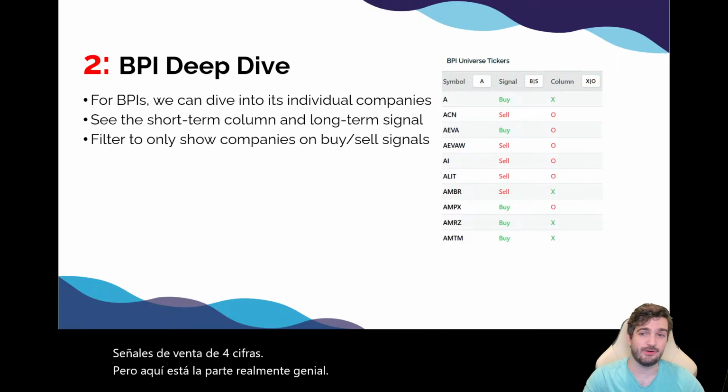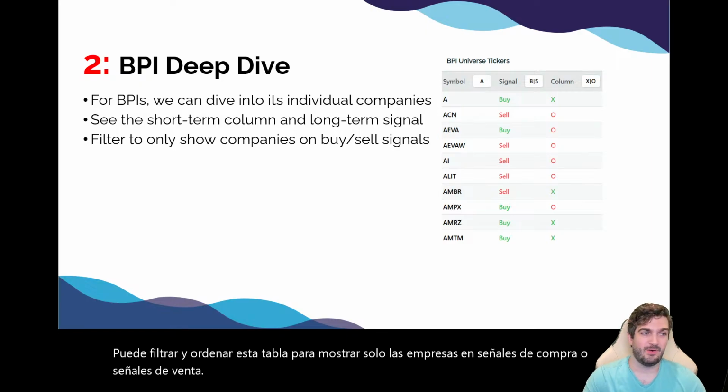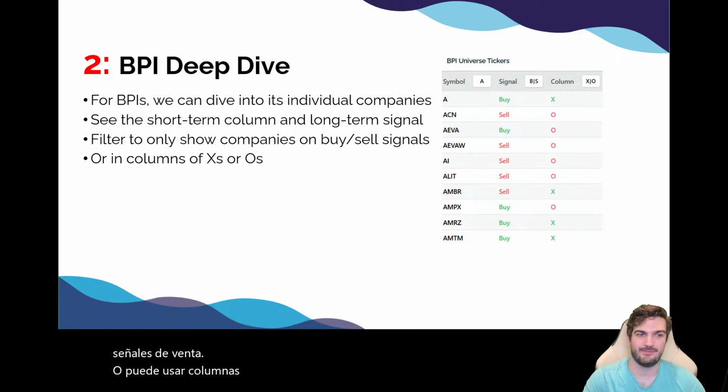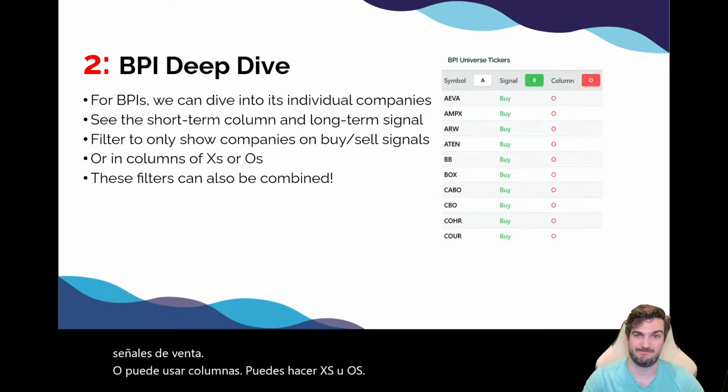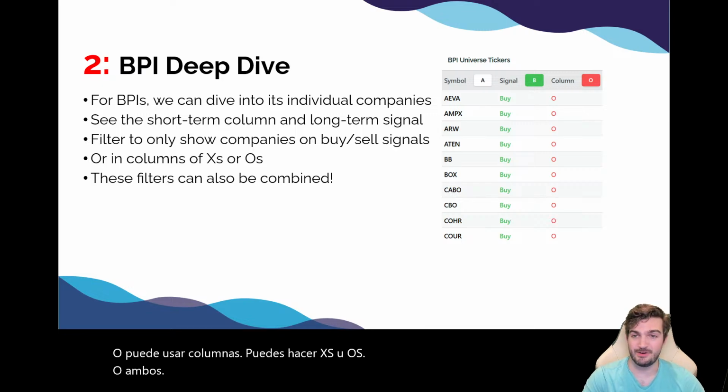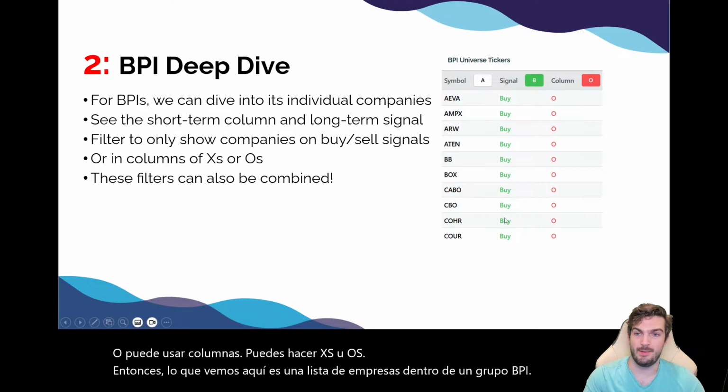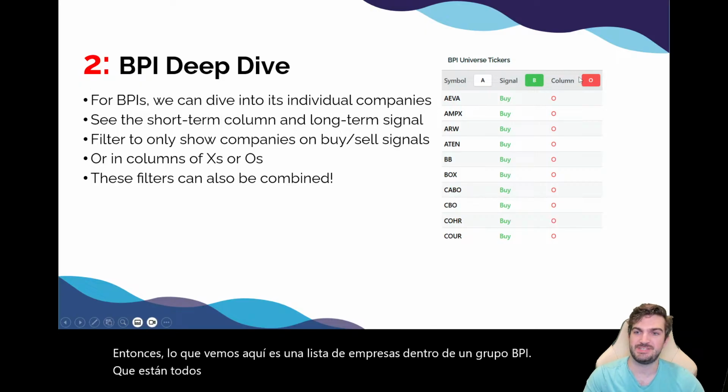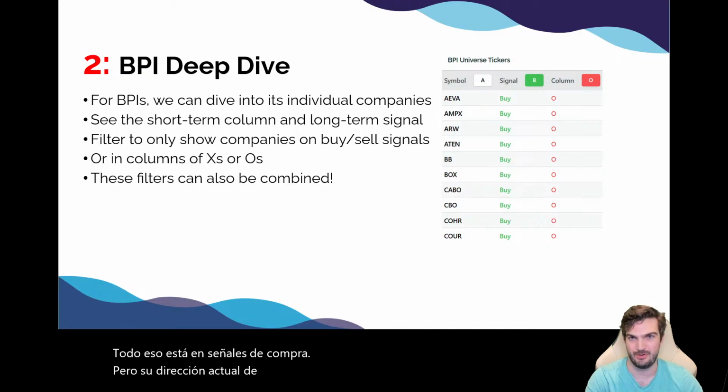You can filter and sort this table to only show companies on buy signals or sell signals. Or you can use columns. You can do X's or O's, or both. So what we see here is a list of companies within a BPI group that are all on buy signals, but their current price direction is going down in a column of O's.